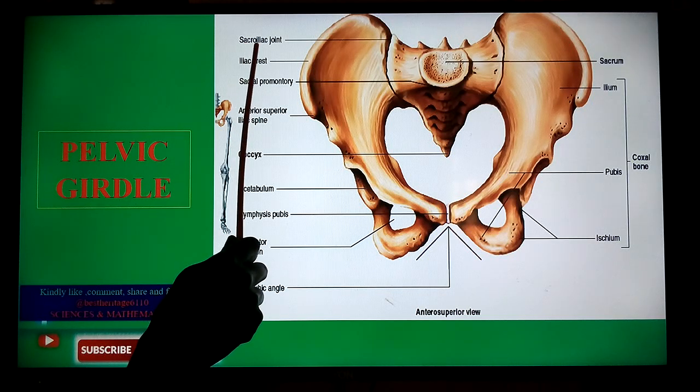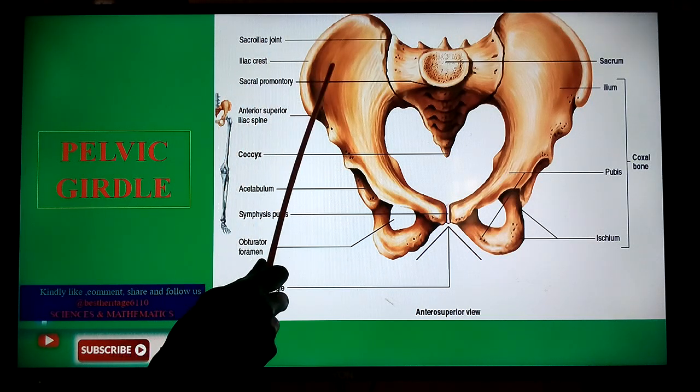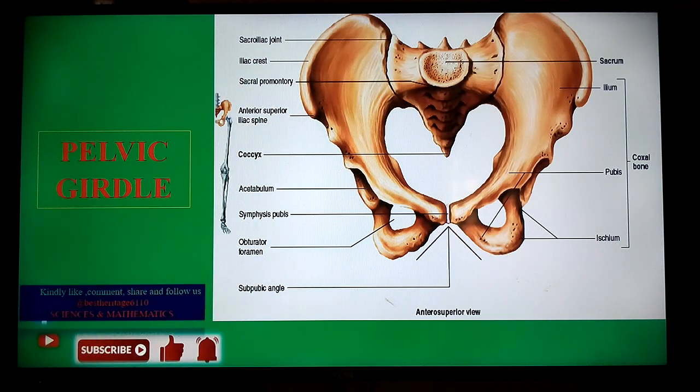This is the sacroiliac joint, and then the iliac crest, the sacropromontory section, which is found at this particular part. This is the iliac spine, the coccyx, and the acetabulum, the symphysis pubis, the obturator foramen, and the subpubic angle, which we're going to mention as we go by.